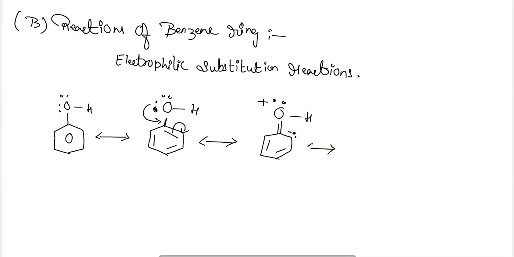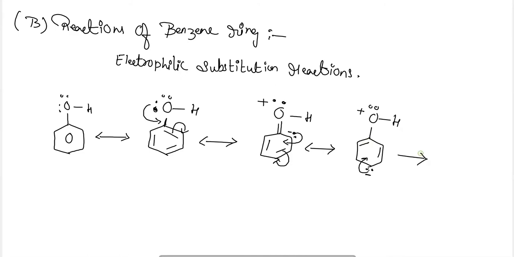Then on moving further, the lone pair present here will get converted into a pi bond, and these pi electrons will shift to another carbon atom, forming a negative charge. There is a positive charge on the oxygen. Here it will be a double bond, and here a lone pair with the minus charge. Again this lone pair will shift to the next carbon atom to form the pi bond there.